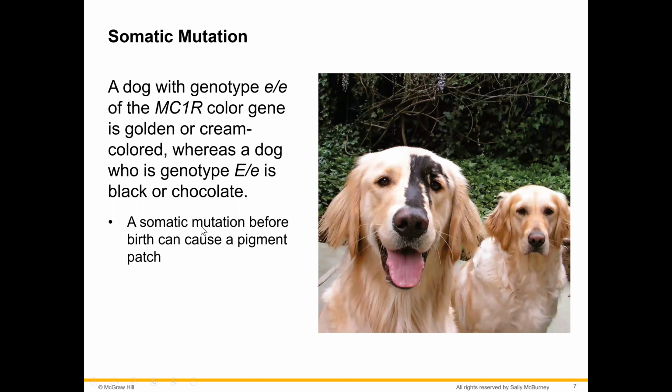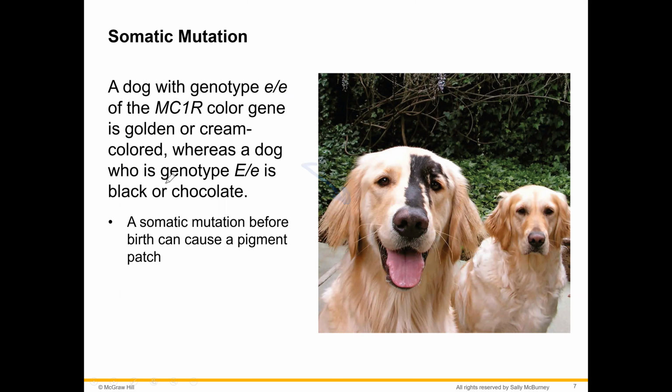So here's an example of somatic mutation. A dog with genotype little e, little e, homozygous recessive, in a specific gene called MC1R. It's a color gene. If a dog has this genotype, it would be golden or cream colored, like this one.